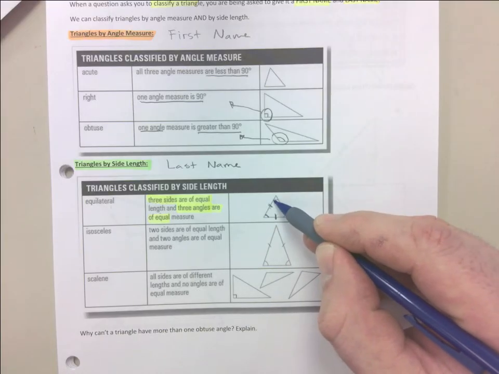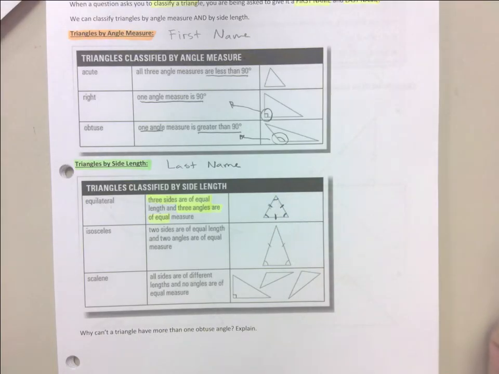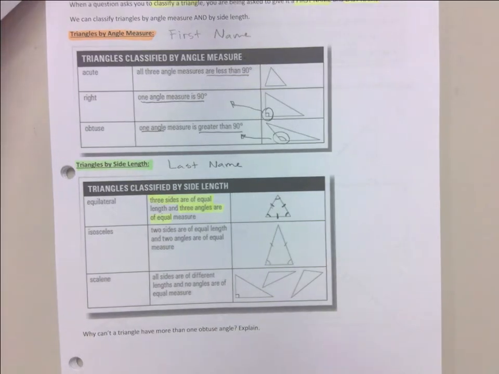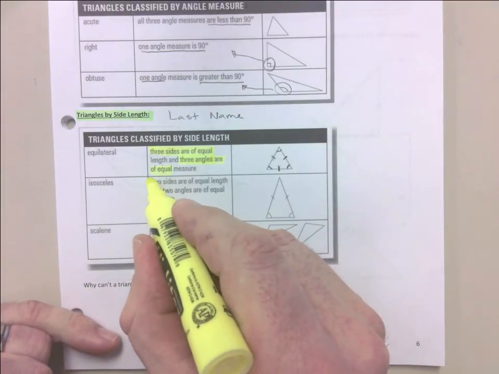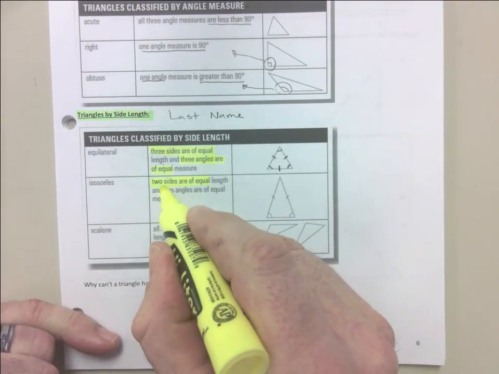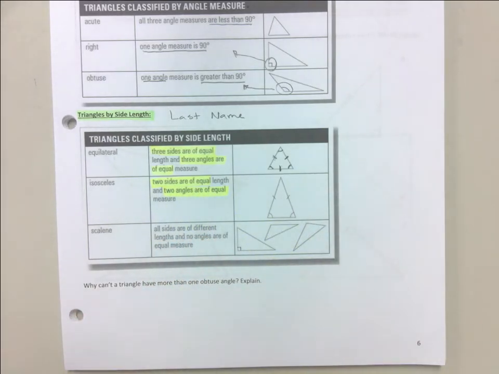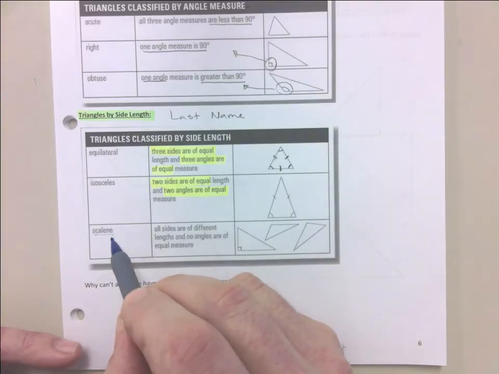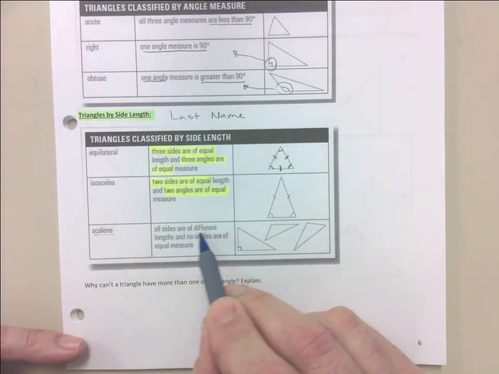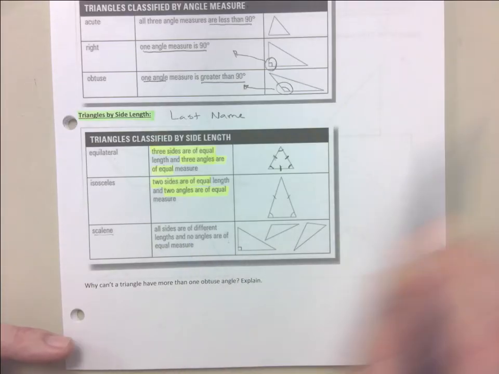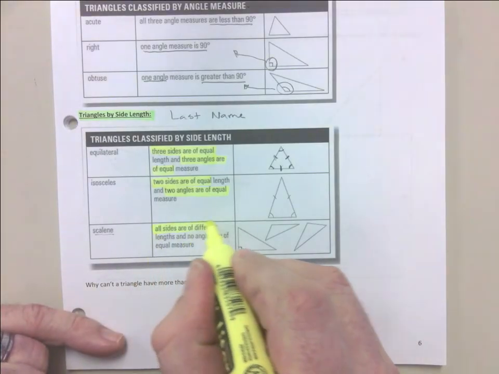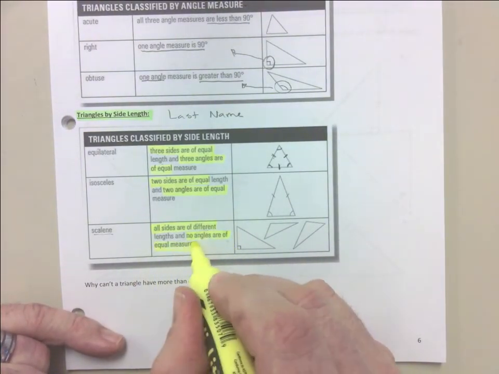And all three angles are the same as well. Isosceles. Isosceles, you have two sides that are equal, and you've got two angles that are equal as well. And scalene is the one where all sides are different and no angles are of equal measure. So all sides are different and no angles are of equal measure.